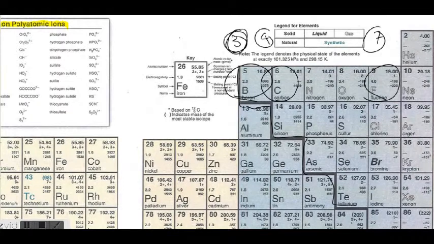There's also another hint to why boron trifluoride is a covalent bond, because they are both non-metals, since it's on the right side of this line right here. And we know that covalent bonds are usually two non-metals combining, and ions are a non-metal and a metal combining. So this is another hint.